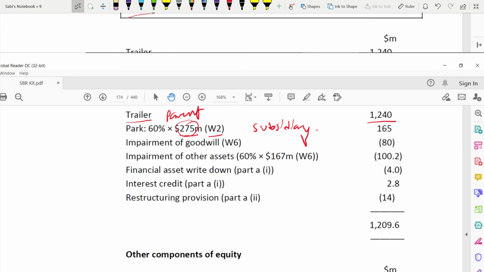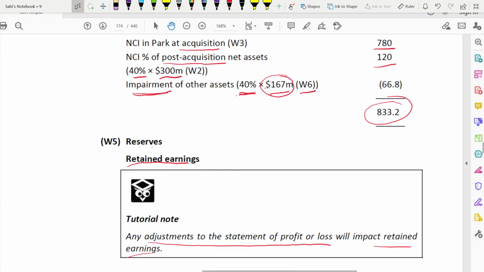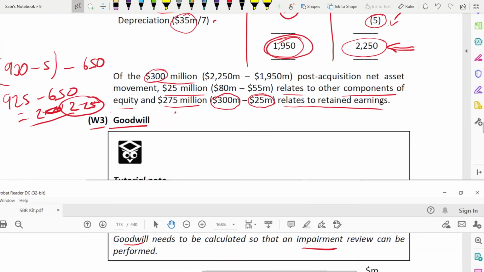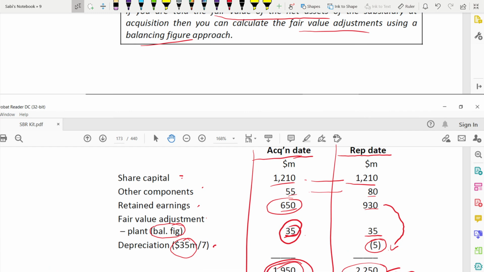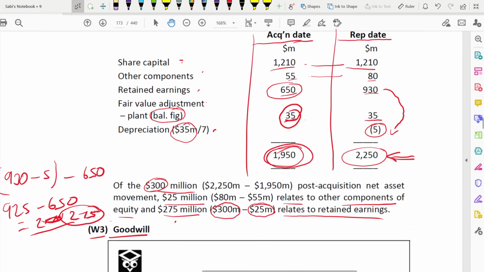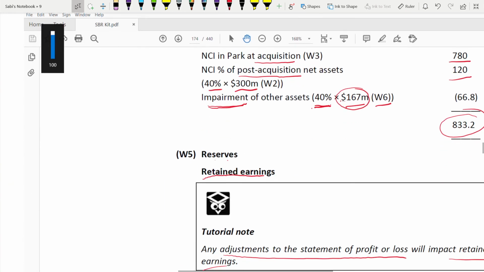Whenever it's like this, we take 60%. So 275, how much is the 275? Yes, isn't it 275? Just now I showed you this, right? So from this 275, 60%.